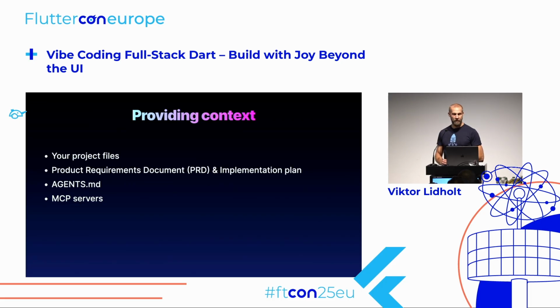I'm going to talk a little bit about that. And then we have something called an AGENTS.md that most of these coding agents use, where you can give extra instructions to the model, and that's the first file it loads into its context. So it's very important. And finally, we have something called MCP servers, or Model Context Protocol servers. They can also help bring a better context to your model.